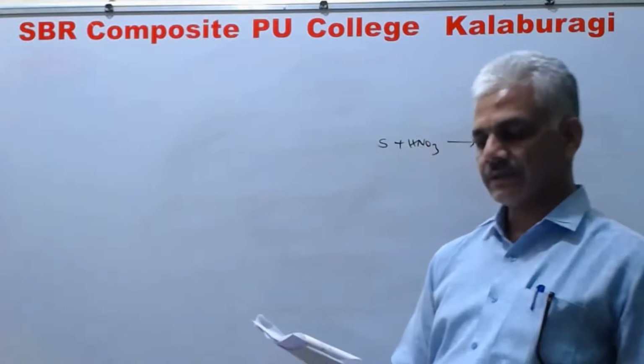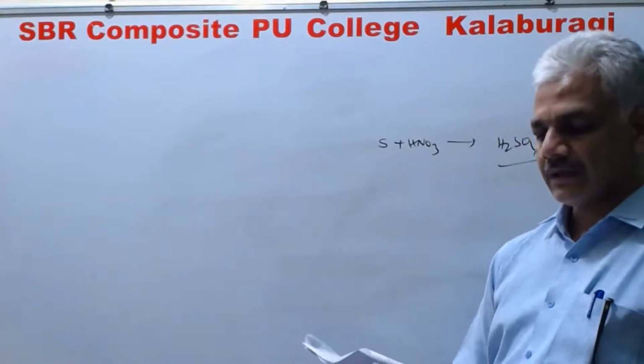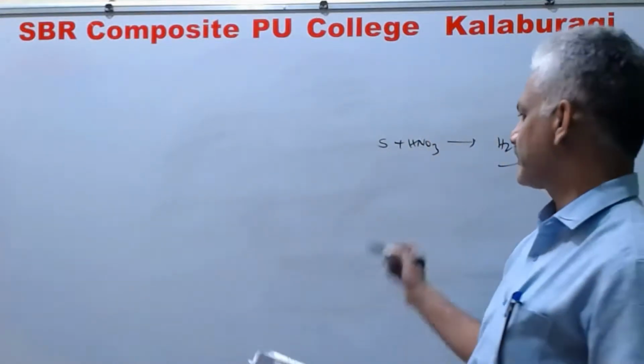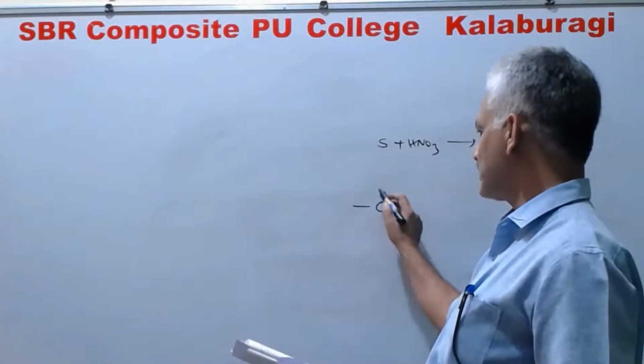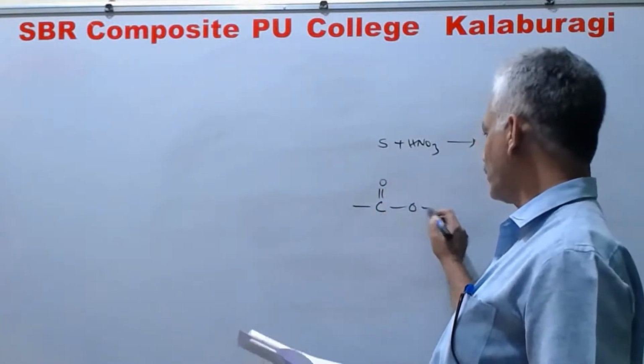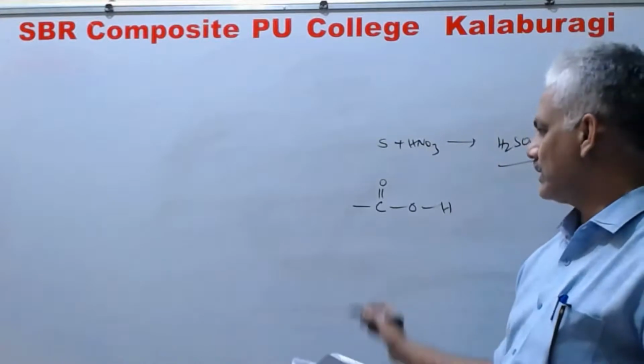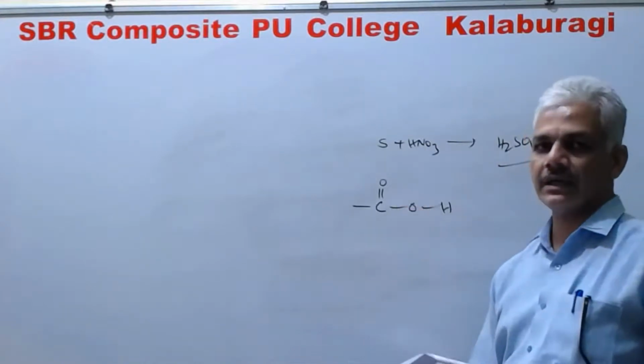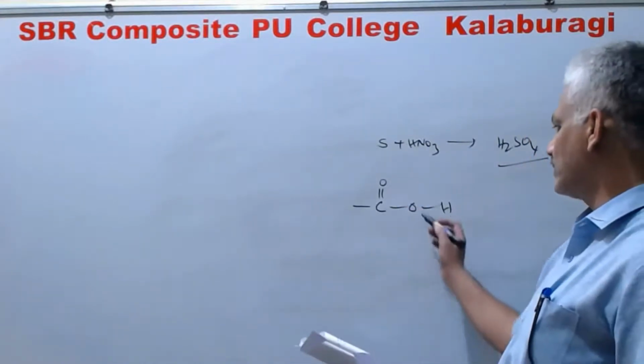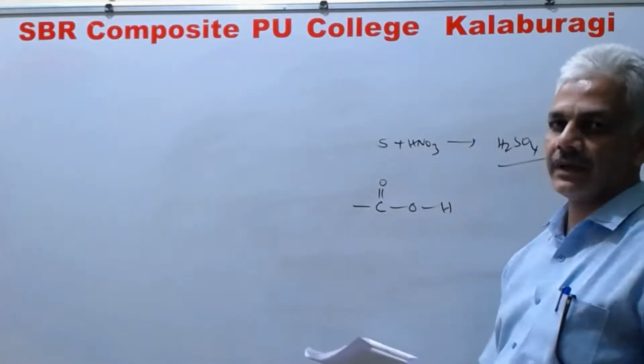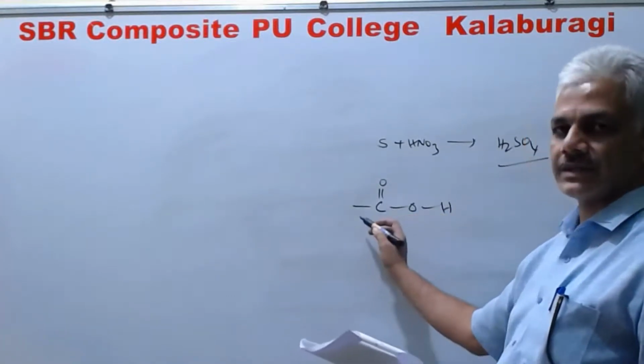So, for the reason for ionization, the carboxylic group is C=O(OH). Here the carbonyl group acts as electron withdrawing, so it will attract the electron pair of the CO bond towards itself.